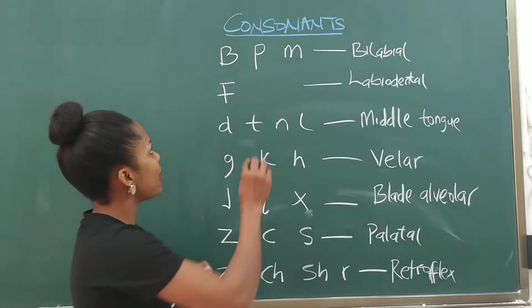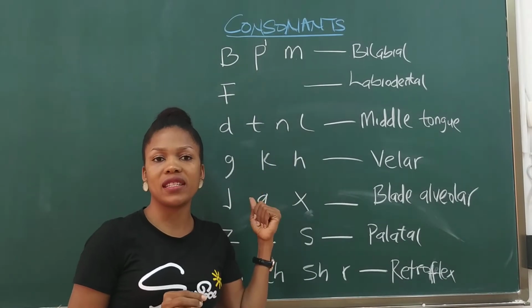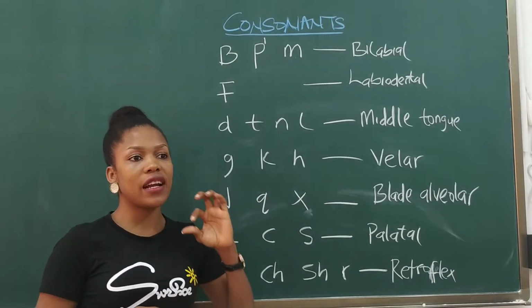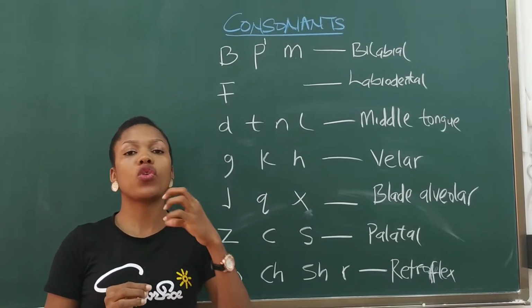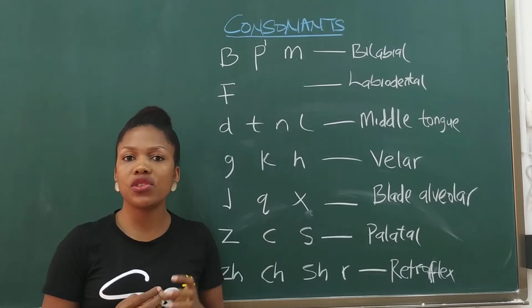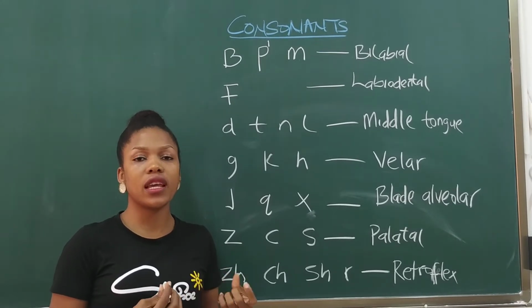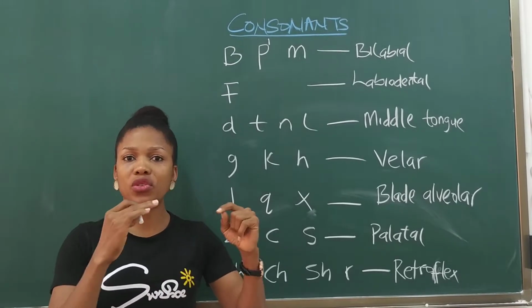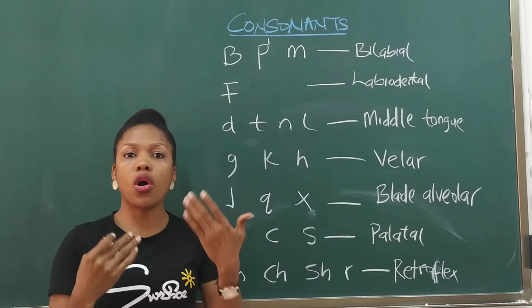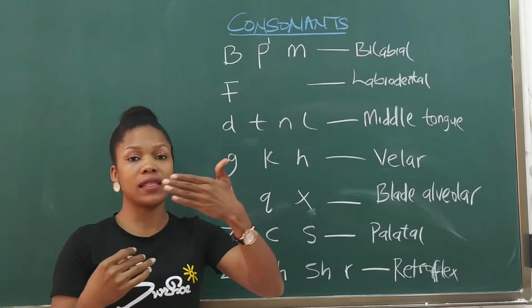And please, this is an aspirated sound. Pa is an aspirated sound. When you're pronouncing it, there is a kind of strong air that comes out with the pronunciation. So for you to know if you're getting the pronunciation or not, just try to get paper, place it in front of your mouth, or keep your hand in front of your mouth, then try pronouncing it.